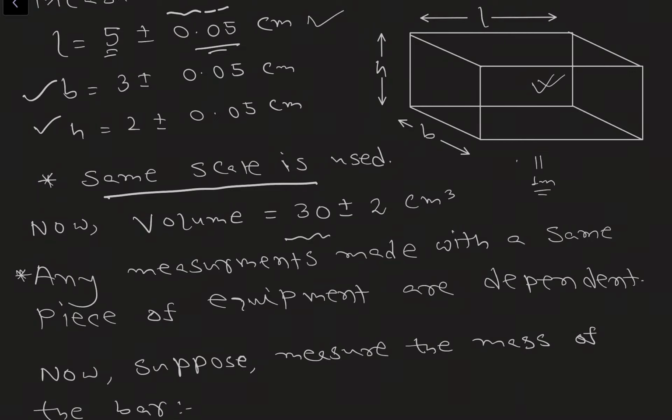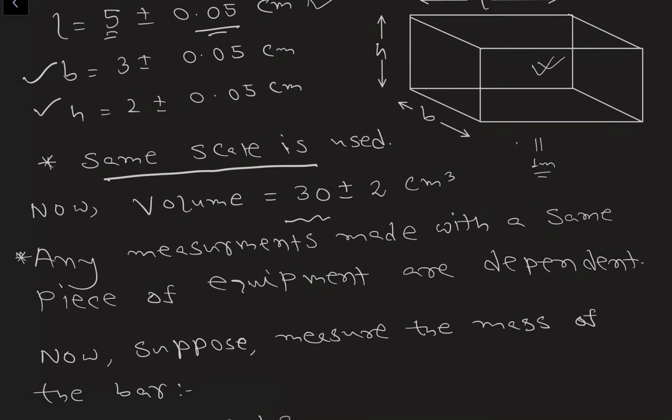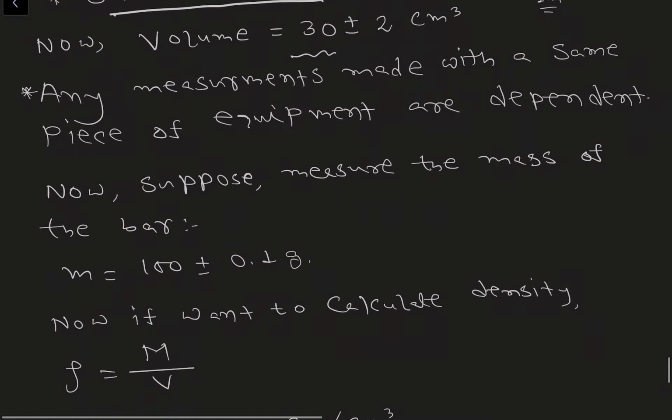Say if we measure the mass of the bar, mass measurement is completely different from the length measurement. So we can assume that mass measurement is independent of length measurement, so error in mass will be independent of length measurement. So any measurements made with the same piece of equipment are dependent.